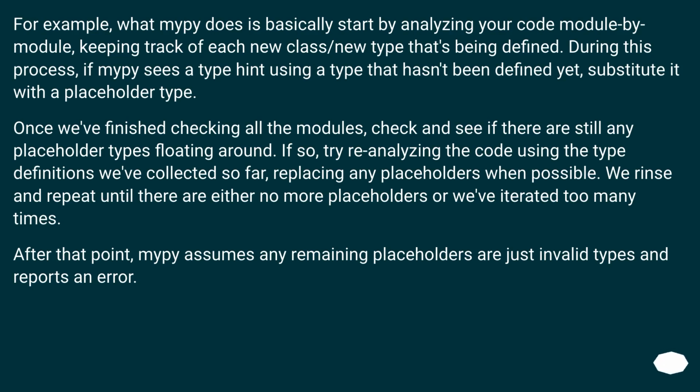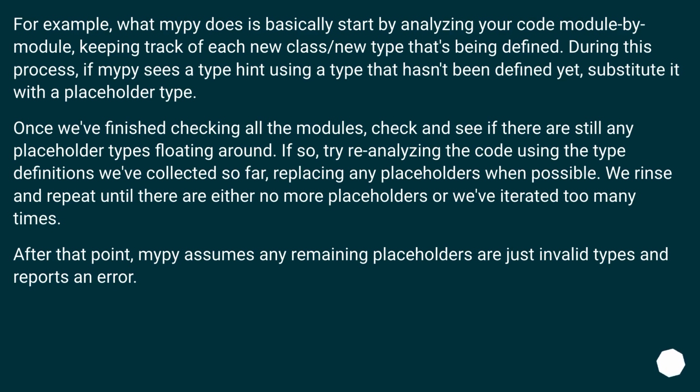If so, try reanalyzing the code using the type definitions we've collected so far, replacing any placeholders when possible. We rinse and repeat until there are either no more placeholders or we've iterated too many times. After that point, mypy assumes any remaining placeholders are just invalid types and reports an error.